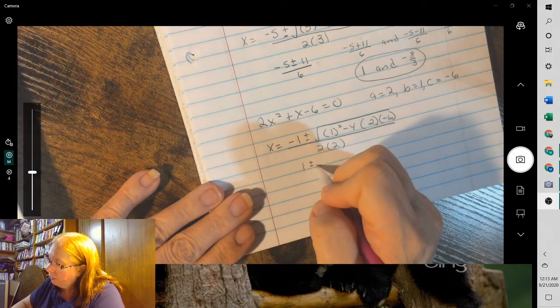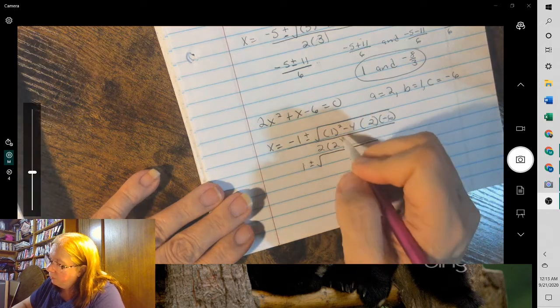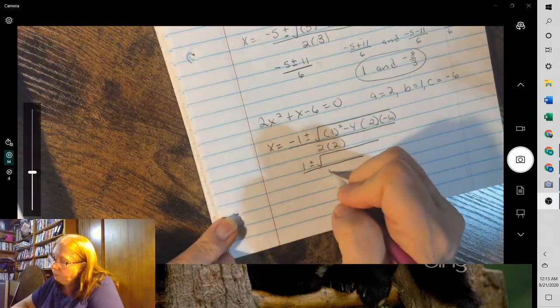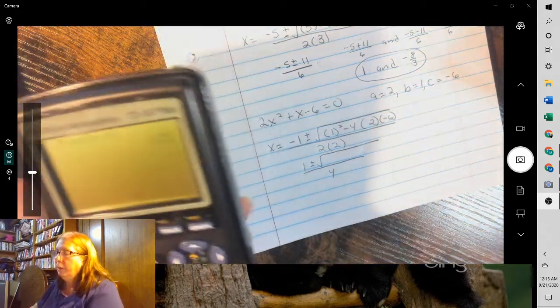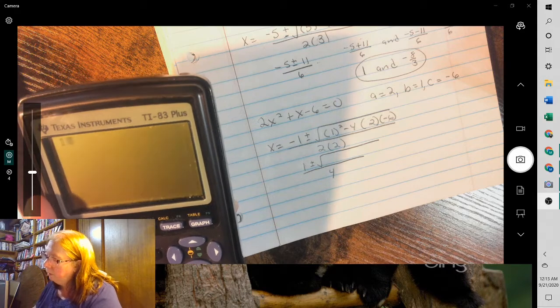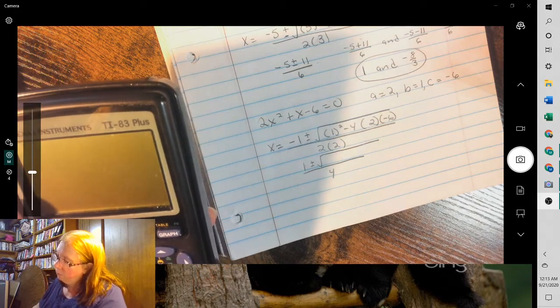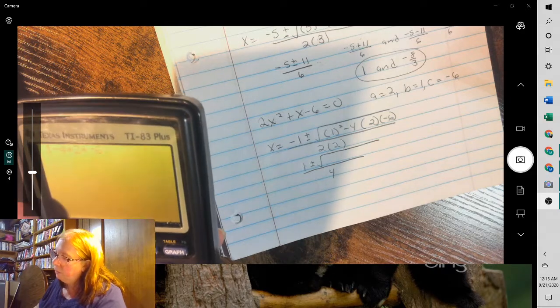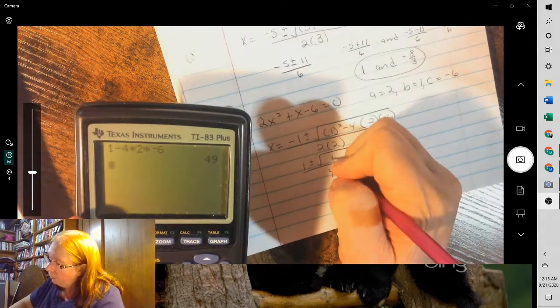Negative 1 plus or minus the square root, all over 4, and then combine under your radical. 1 minus 4 times 2 times a negative 6 is 49.